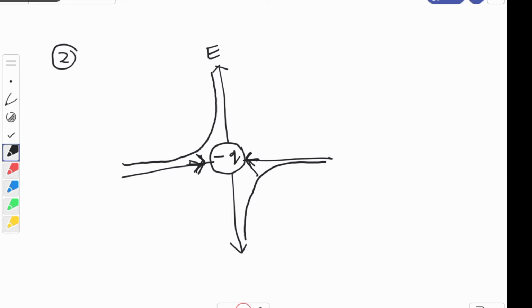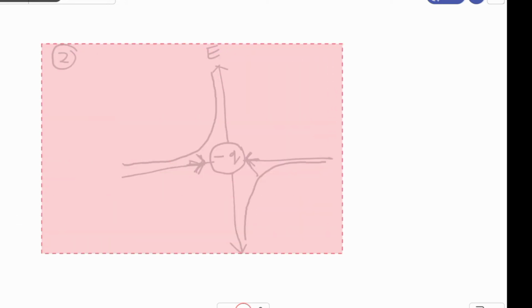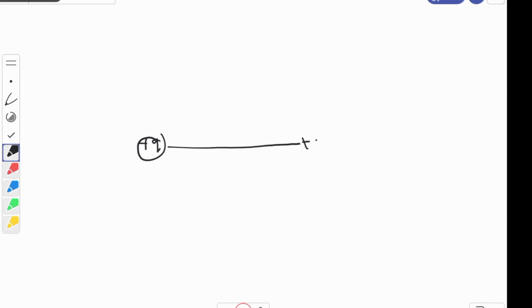Clear? Now we'll see when two charges are there, how we can plot the E versus distance curve. Suppose now here plus q, okay, now here another plus q charge is over here.